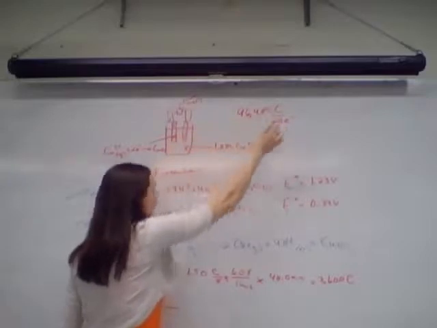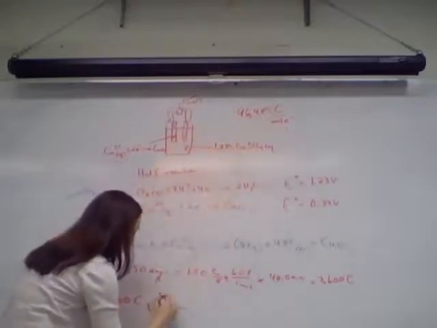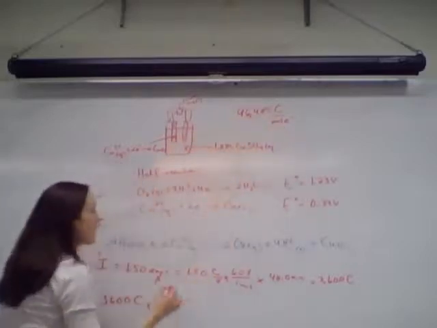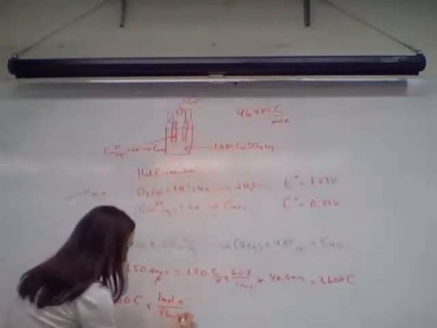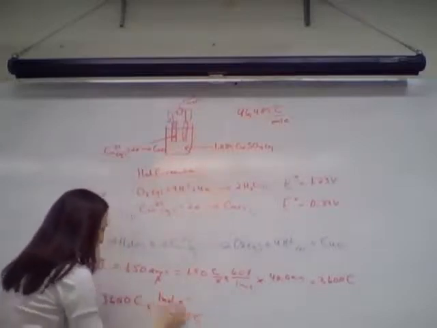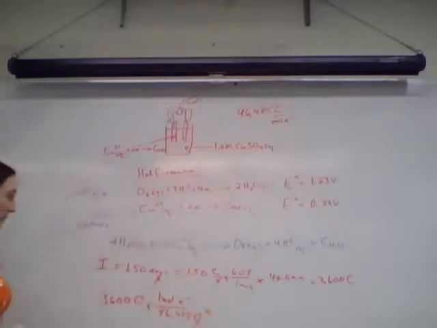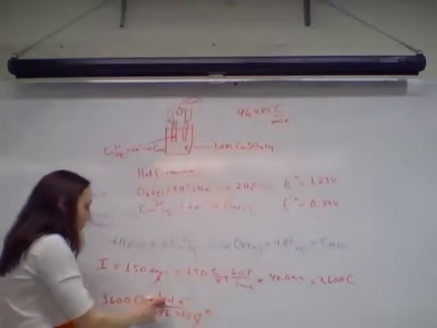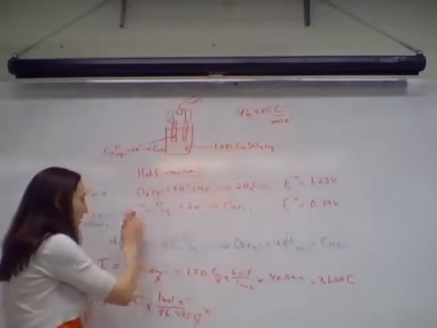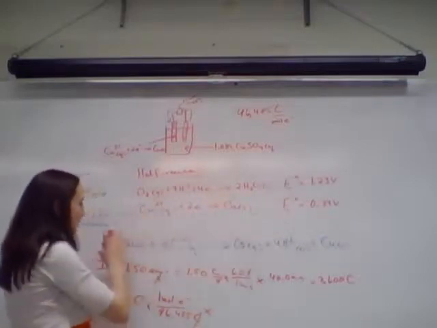This number is coulombs per mole, so I want the mole of electrons on the top, and I'm going to be dividing by 96,485 coulombs. Again, I'm just using the factor label method here for dimensional analysis. That gives moles of electrons. I don't want to go back to the whole balanced equation.